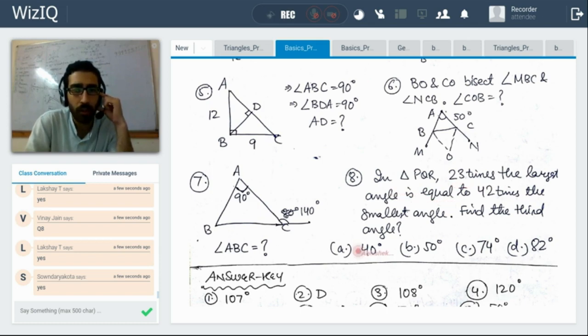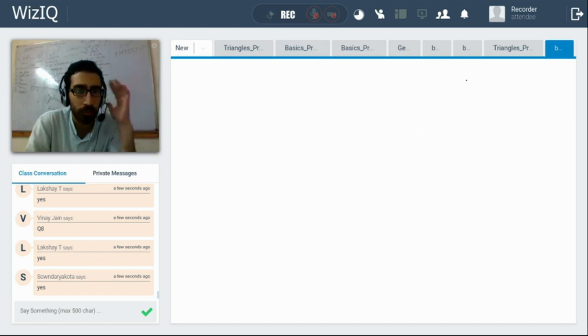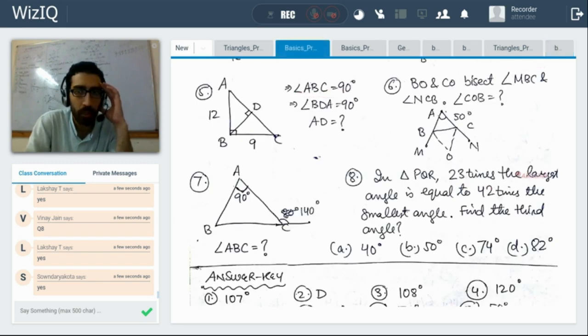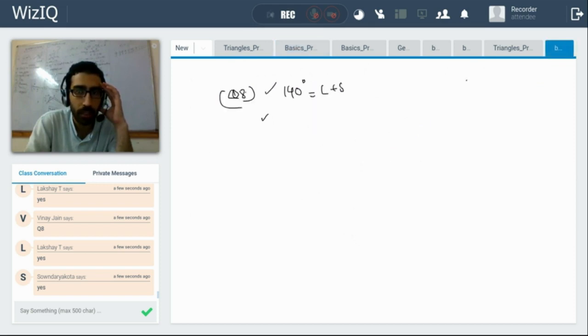Now I could have started with 40. Just put 40 as one of the options. So I want to take you through the worst possible way of doing this question. Question number 8. If that angle were to be 40, the middle angle, that would leave the sum of the largest and the smallest angle to be 140. Now, since you have been given some ratio, 23 times the largest angle is equal to 42 times the smallest angle.